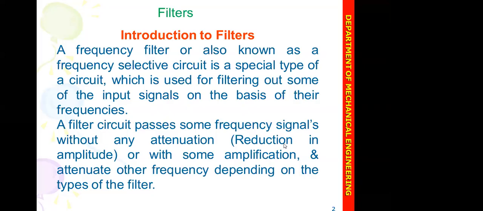Attenuation means a reduction in amplitude; the attenuator is another word for filter. The filter circuit passes some frequency signals without attenuation, or with some amplification, or attenuates other frequencies, depending on the type of filter.